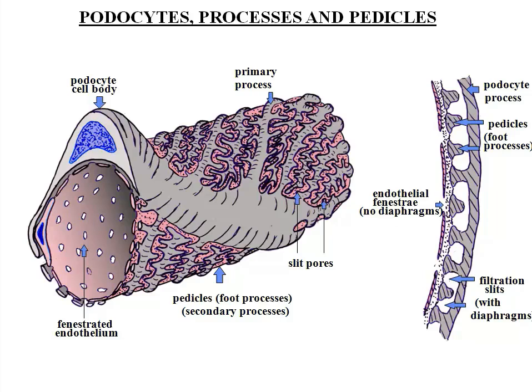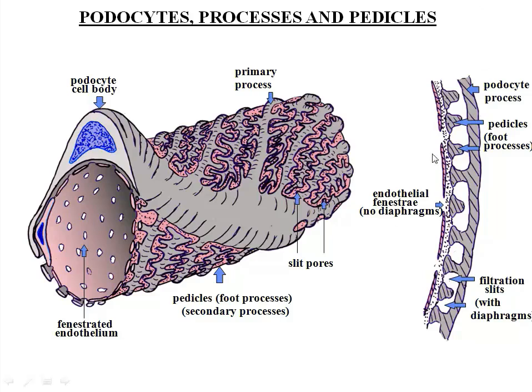Okay, histologically we don't have to go into physiological functions, but the function of the podocyte cell is to control the amount of plasma entering into the Bowman capsule. That thing you should remember.